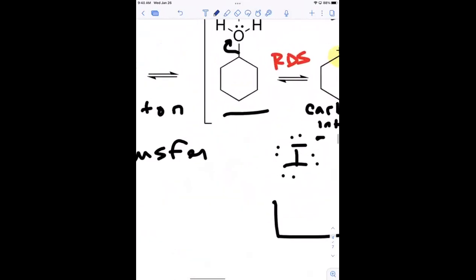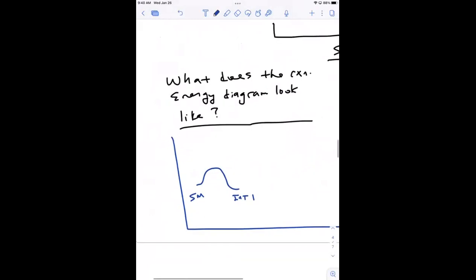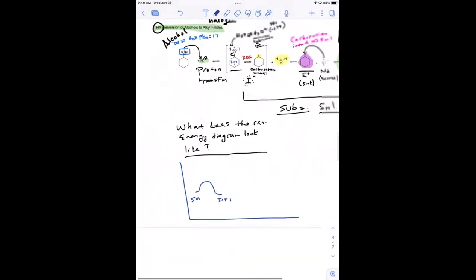Let me label it. So that's my first intermediate. I'm going to put that right here. Now that intermediate 1 is what gets converted to the carbocation. So that's my slow step. So how do I show that? Having more activation energy. What does that mean?